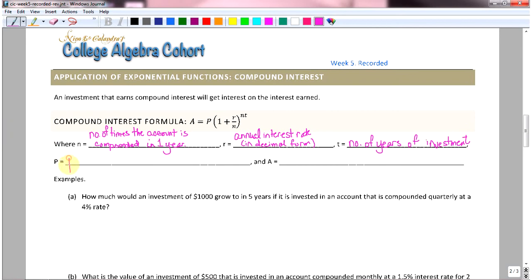P represents the principal, and the principal is the amount initially invested. So that's the initial investment.